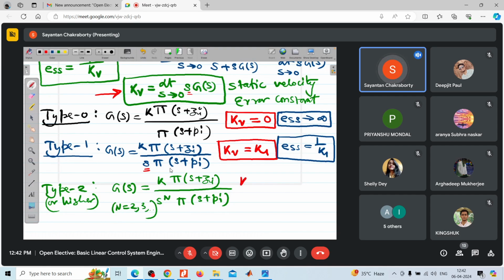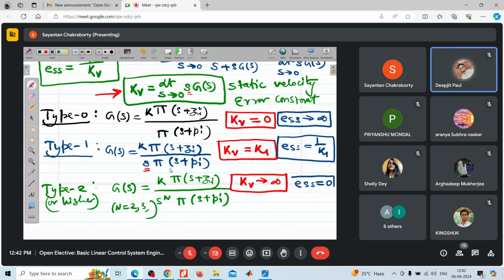So in this case, what will be kV? Infinity. Exactly. So not equal to, tends to infinity, and the corresponding ESS, steady state error, is 0. Right.